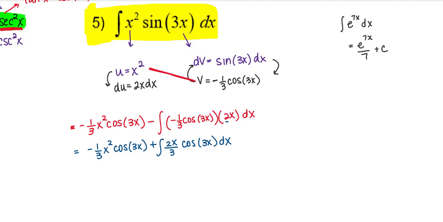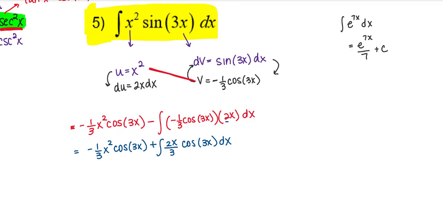And then now, do you see I had a power of x squared, and now I only have a power of x? So chances are, if I do by parts one more time, I'm breaking down that algebraic expression or factor or part to be, now it's linear. Well, if I do the derivative one more time, it will become a constant coefficient.